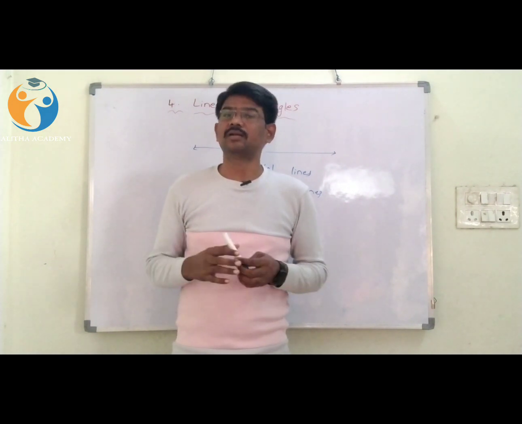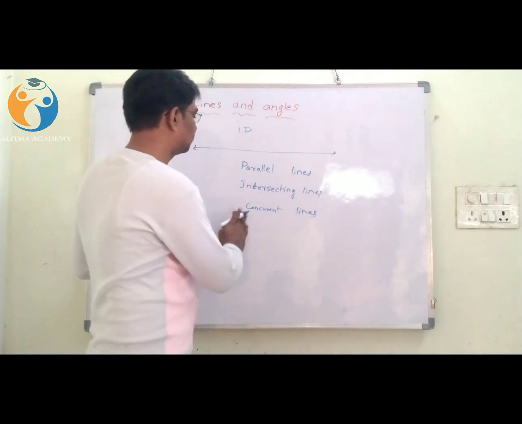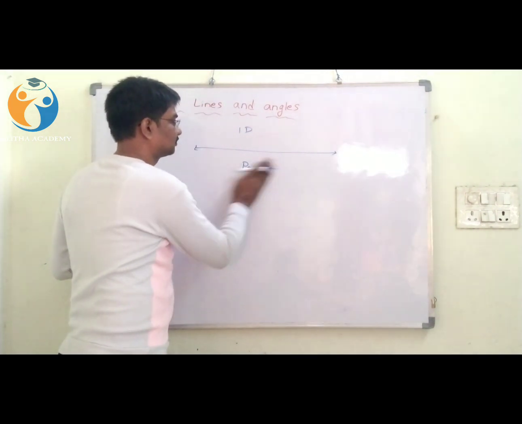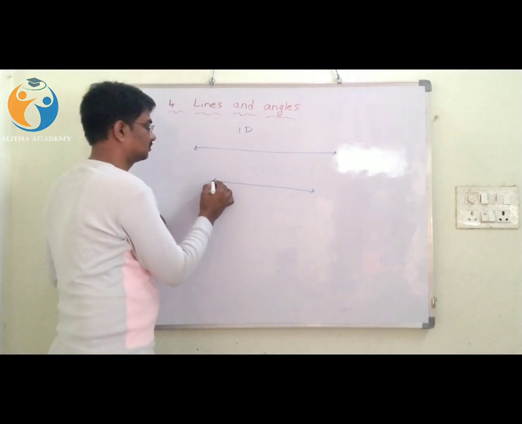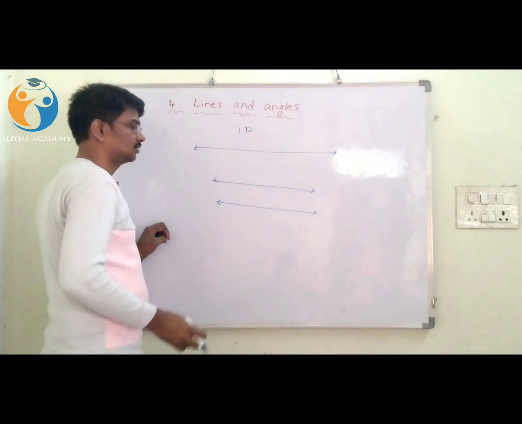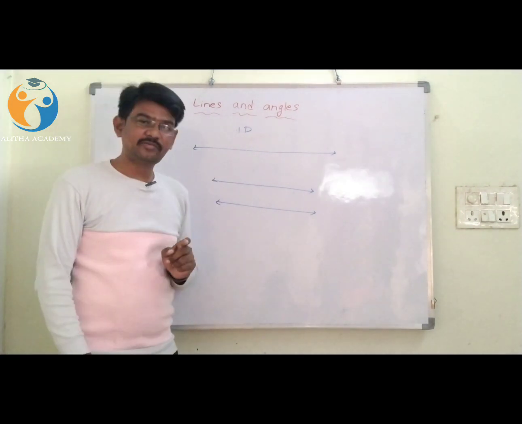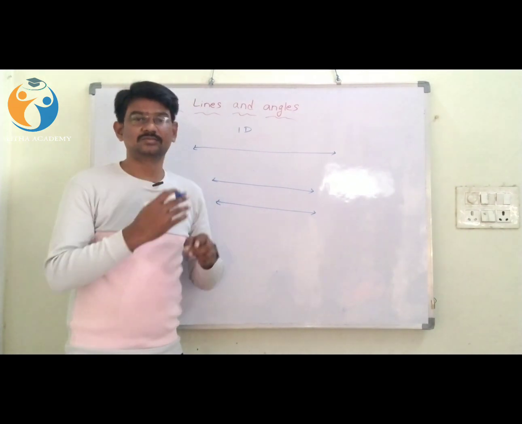First, what are parallel lines? Parallel lines means this line is going here, another line is going like this. Is there any common point for them? What is a common point? Touching.